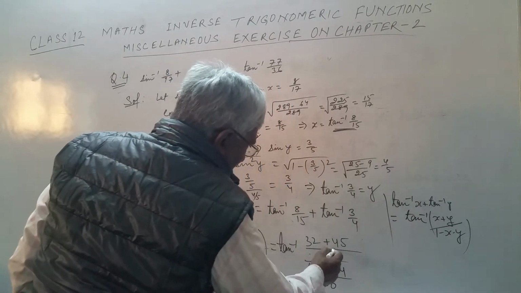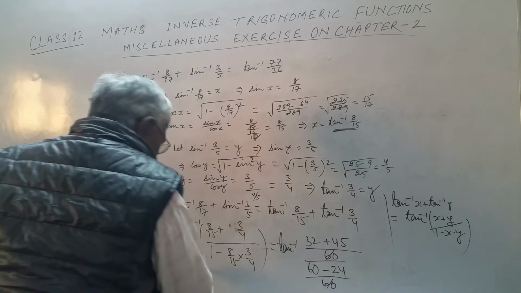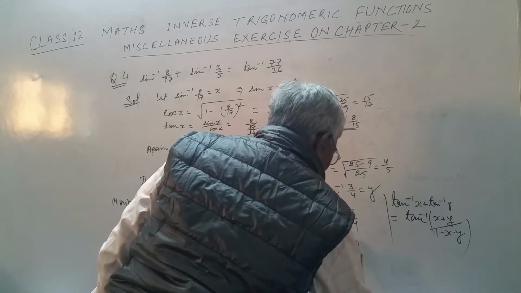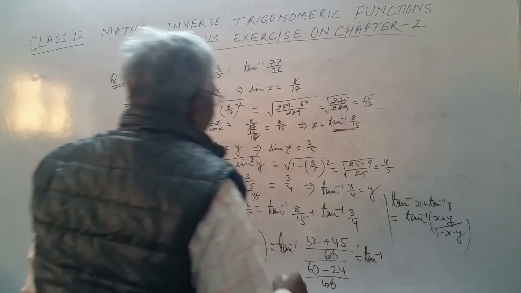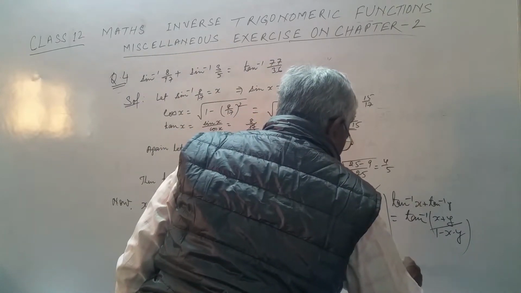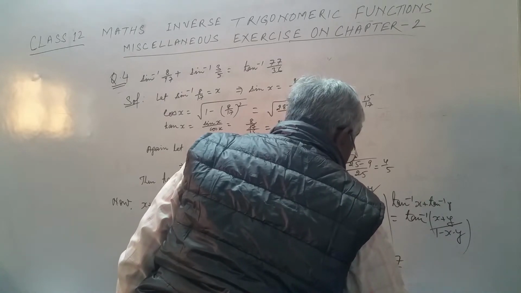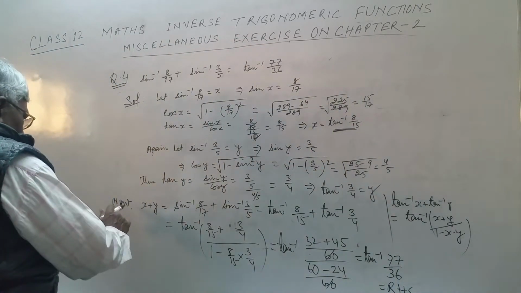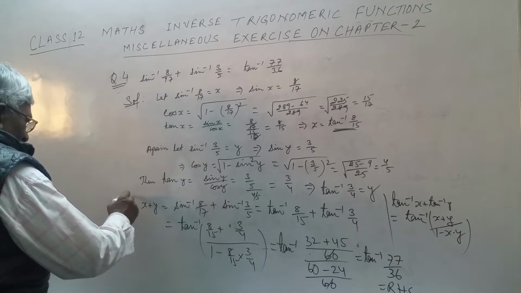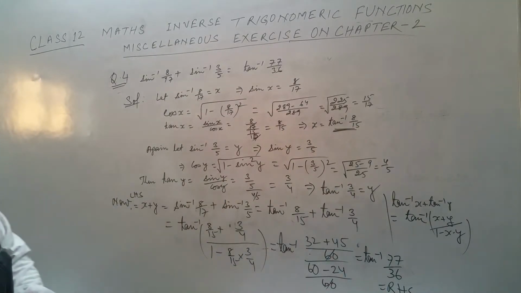Now these two 60s will be cancelled out. Then it will give the result as tan inverse 77 upon 36. This is equal to RHS, proved. Now you should have taken here LHS is equal to RHS. So matter is proved. Okay.